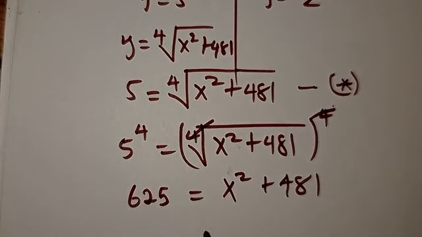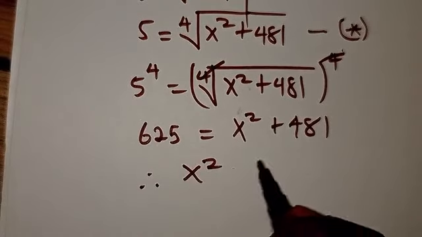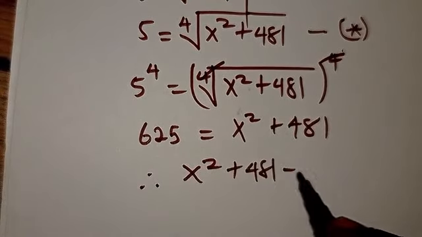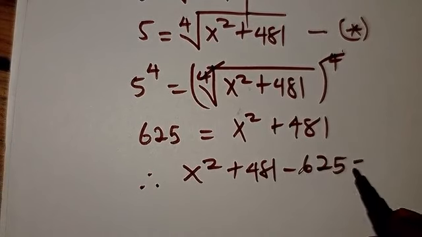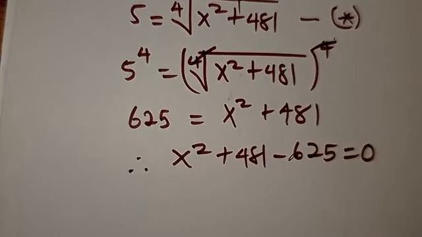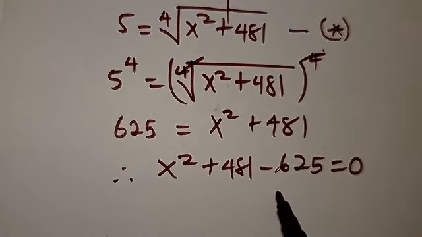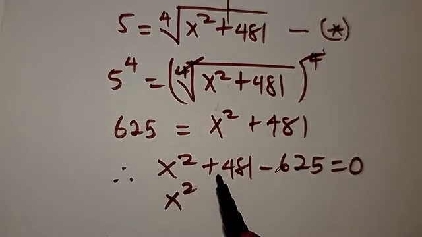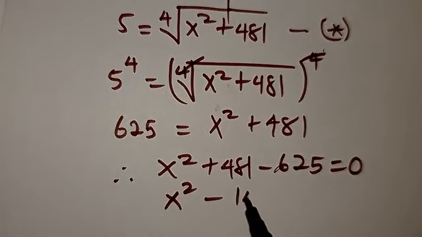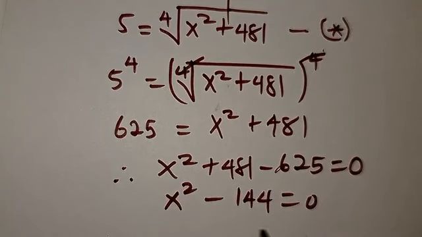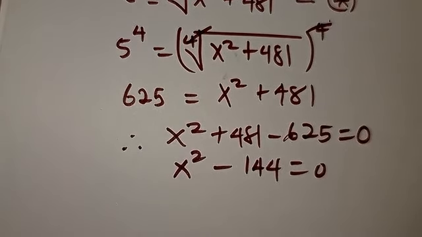So now from here, you can see that we have x squared plus 481 minus 625 equals 0. So from there, we have x squared minus 144 equals 0. So now we have a difference of two squares.